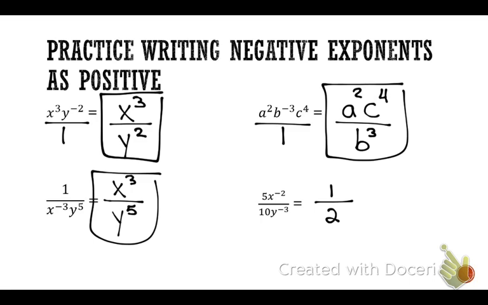In the denominator, right? I put it down into the denominator, and now it becomes positive. So where is Y to the negative third power going to go? It's going to go into the numerator. Basically, they switch. And the ones understood, you can leave it. That's no big deal.